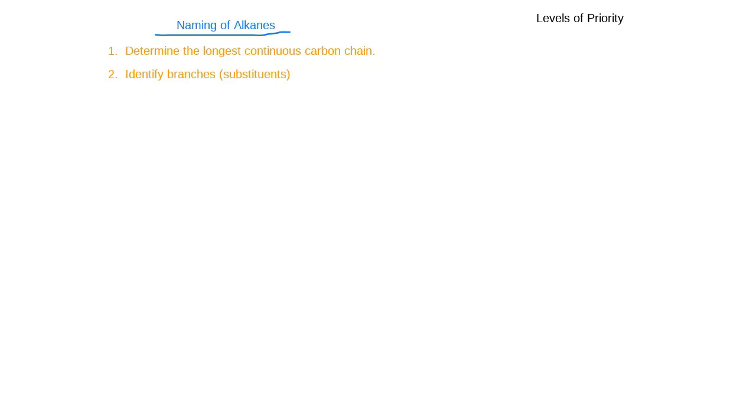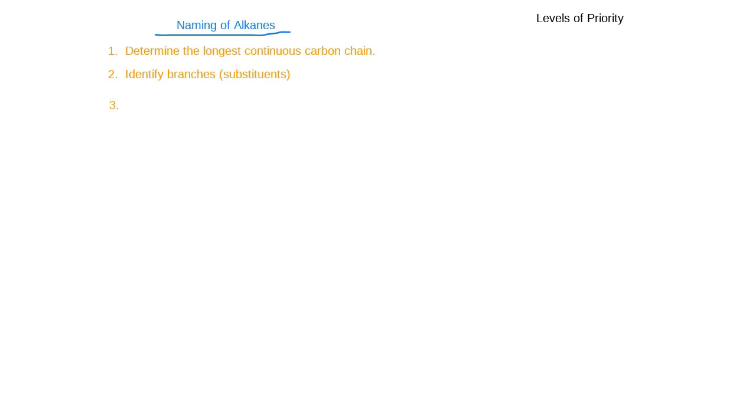And we also want to make sure that we do what? Oh, yes. Sorry. You also want to specify the location of each respective substituent with a given number. And how do you get that number?